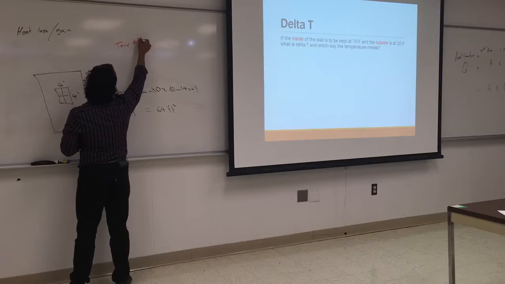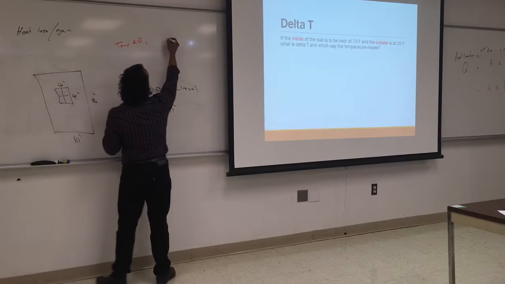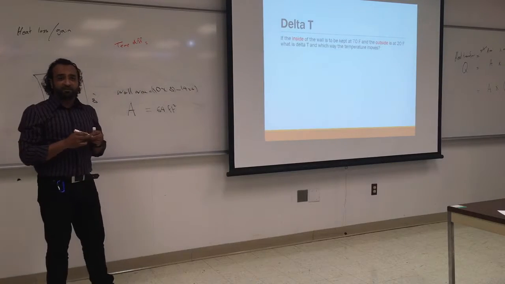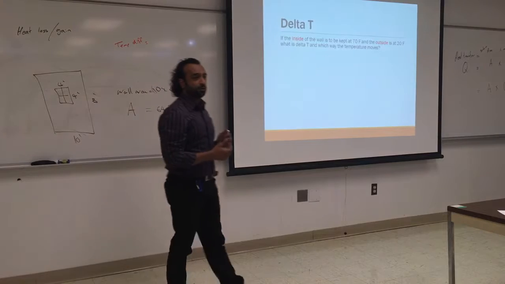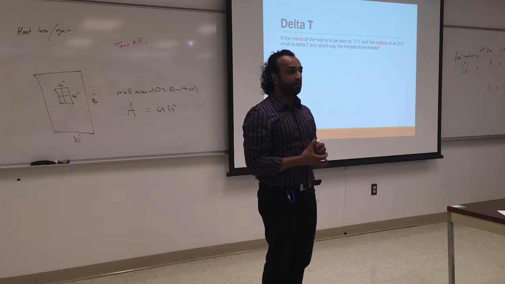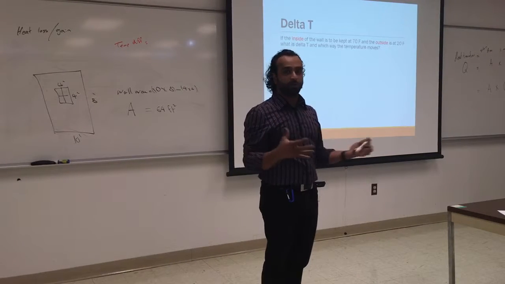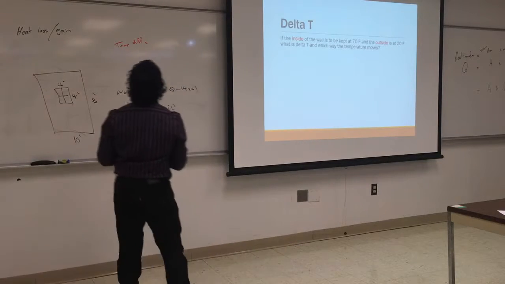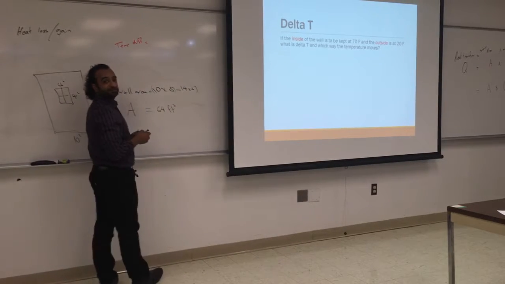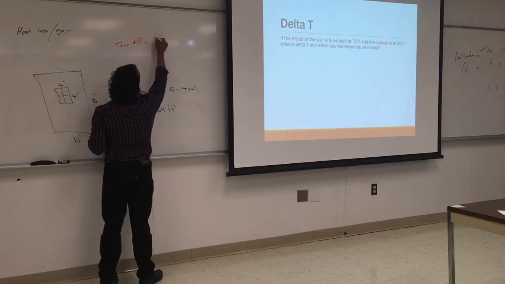Why do I say temperature difference and not just subtract all the time? Because it could be the other way around. It's whatever the difference is between them. You could do TH minus TL. That would be the easiest way to describe it, I think.